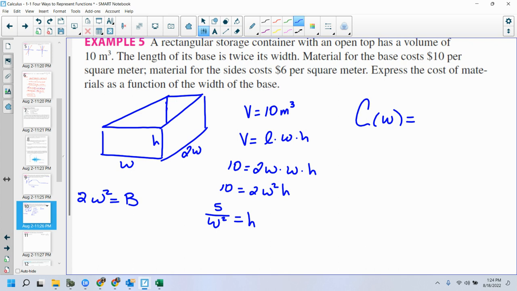And it's $10 per square meter. So the cost of the base is equivalent to 10 times 2W squared, or 20W squared if we wanted to get that far. $10 times the area.